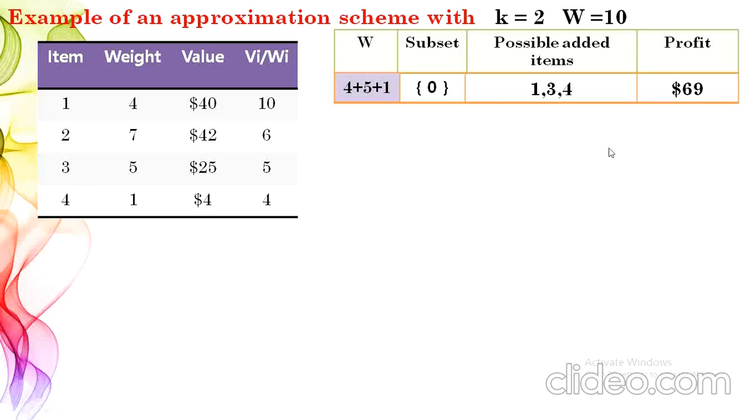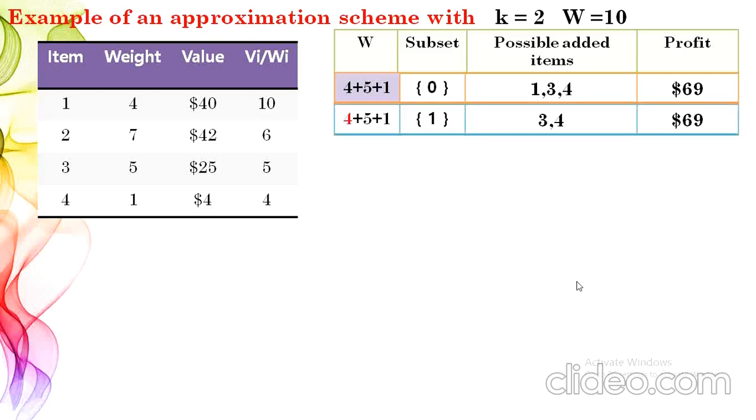And I can add item 3, the weight is 5, and I can add item 4, whose weight is 1. So these are the possible items that can be added for the null set. The profit is 69.